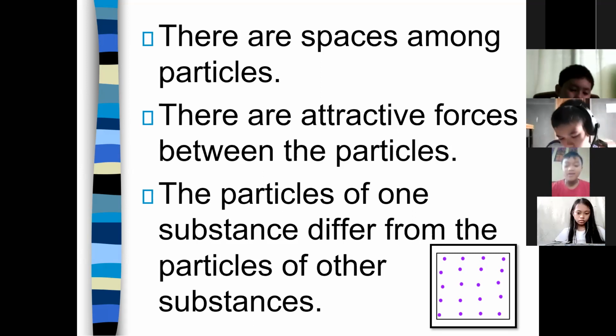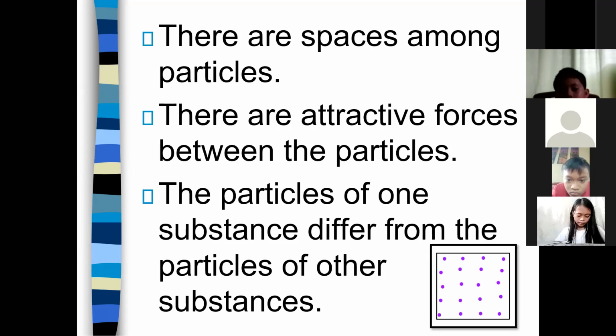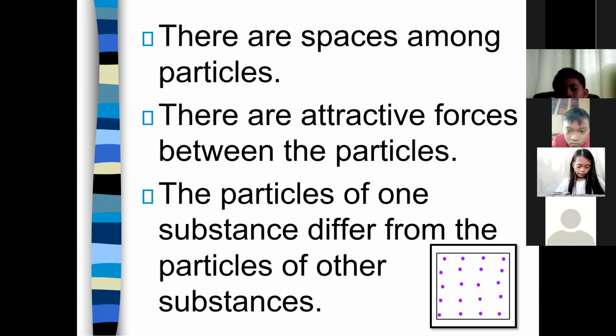So substances could actually be either a mixture or a pure substance, class. Let me give you an example. Air, the air that we breathe, is it a pure substance or a mixture? The air that we breathe.